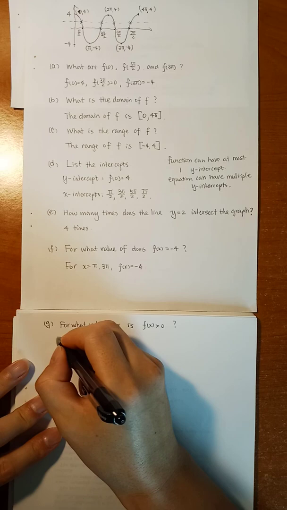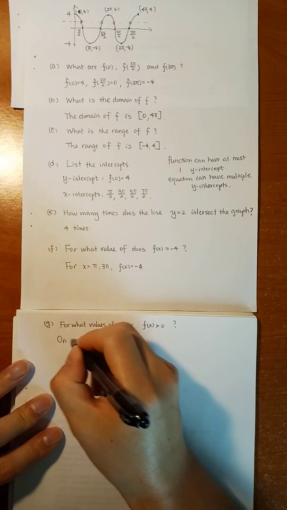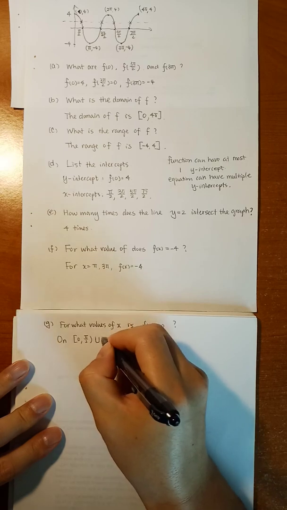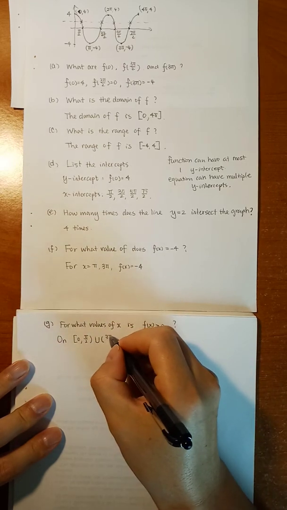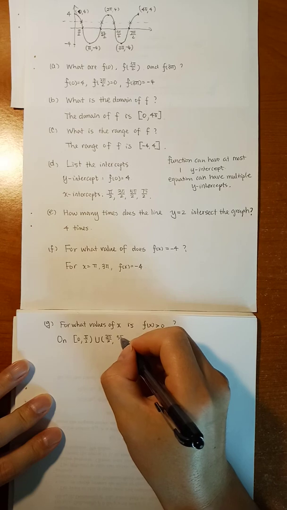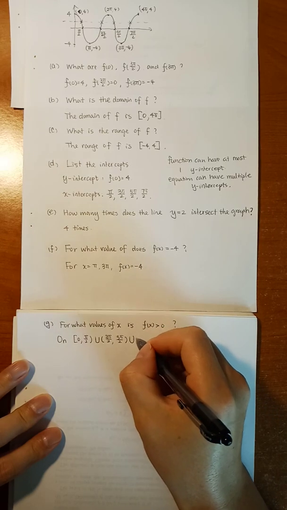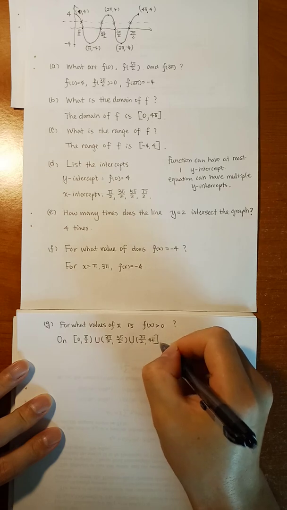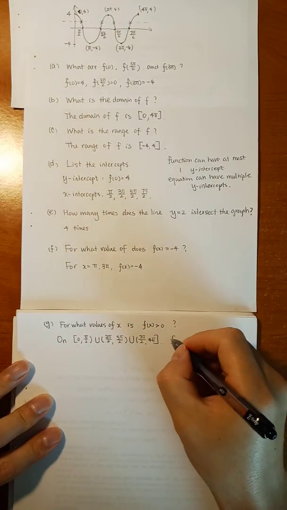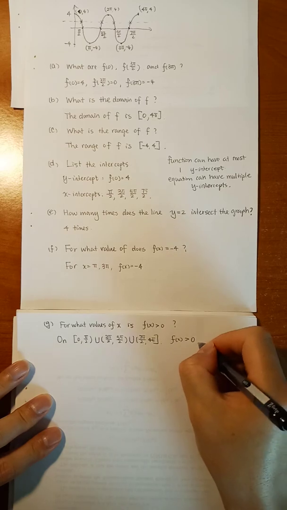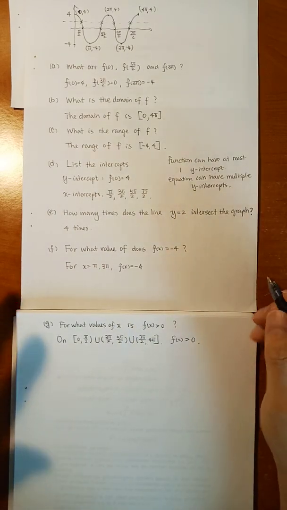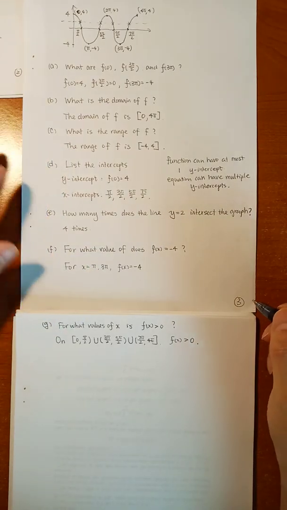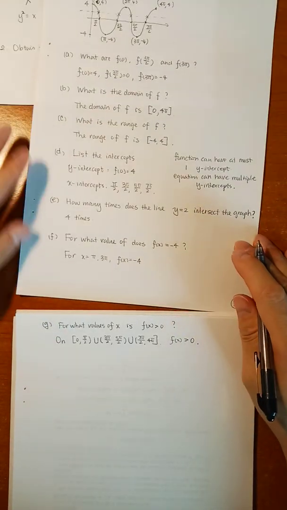So from 0 to π/2, from 3π/2 to 5π/2, union 7π/2 to 4π, f(x) is greater than 0. That's it. There's no further discussion because you just observe it from the graph.